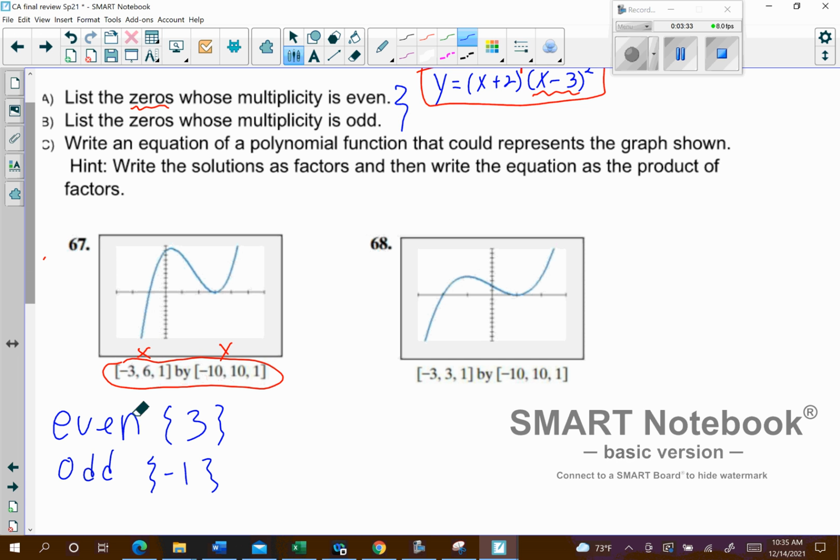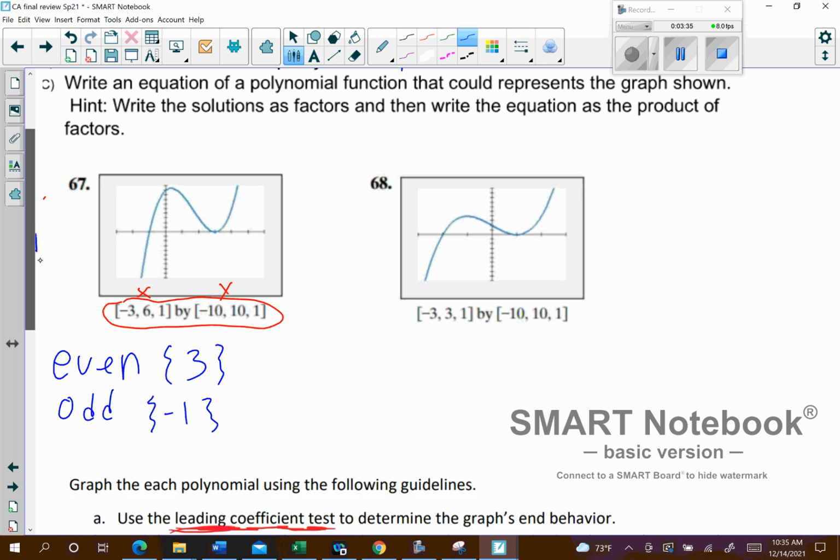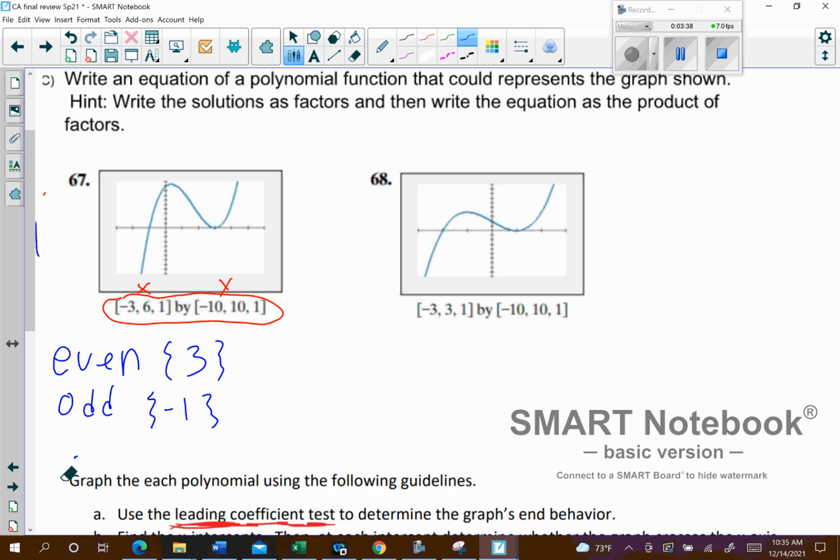Negative 1. And then the last part, what we're supposed to do is go ahead and write the equation for this. And so this would be y equals, and it doesn't matter which one goes first. So the solution 3 written as a factor would be x minus 3, because 3 would make this factor equal 0.